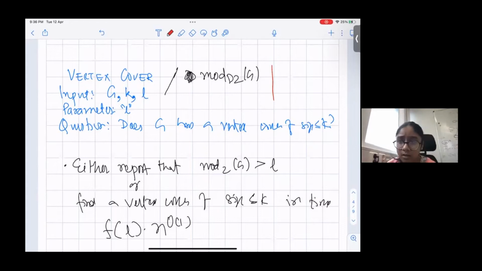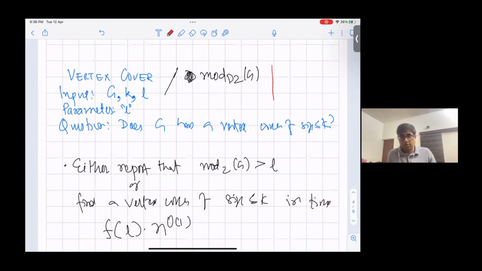Saket? Yes. So in this case, the additional check is whether the promise is met or not. No, I don't check. Otherwise, how do you know whether the degree 2 modulator of G is greater than L or not? Algorithmically, on the way, I can probably figure it out.